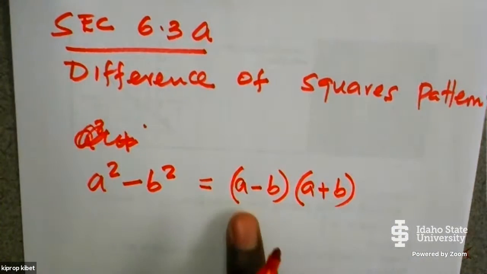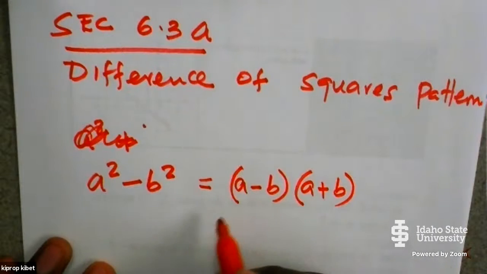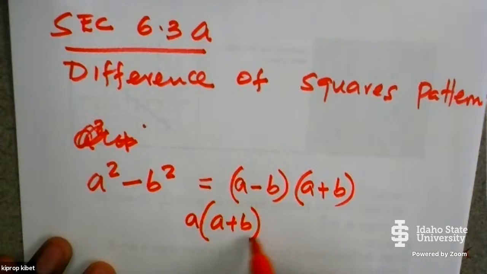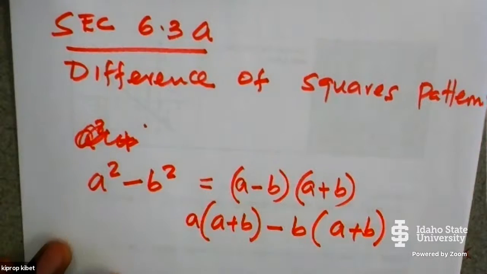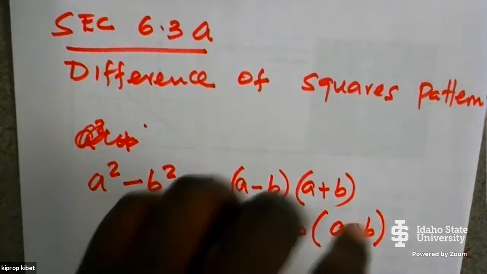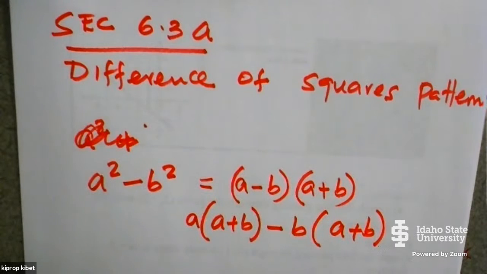Because if you expand this, you get a multiplied by a plus b, minus b multiplied by a plus b. You remember how we were doing this. Then we got the greatest common factor, a plus b, and then we take this and this, which is a minus b.